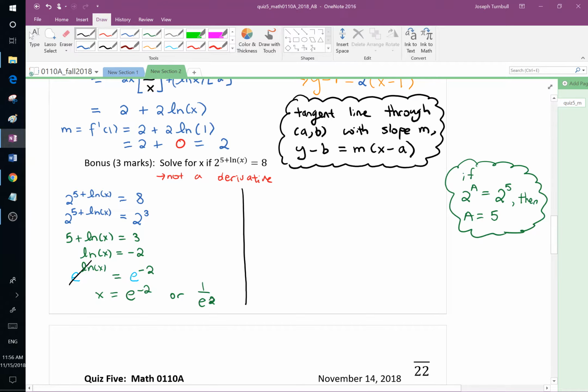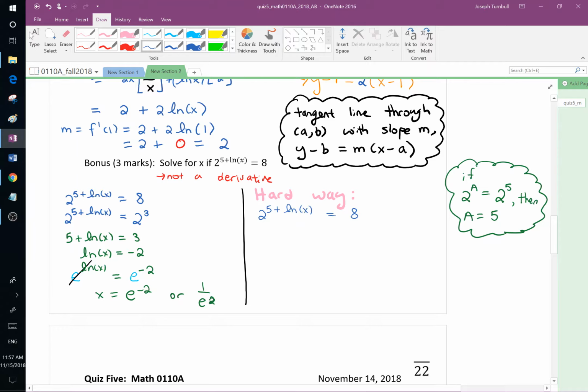Here's the hard way. Colors. I'm going to use pink. Hard way. So I'm going to rewrite the question again. 2 to the 5 plus the ln of x equals 8.